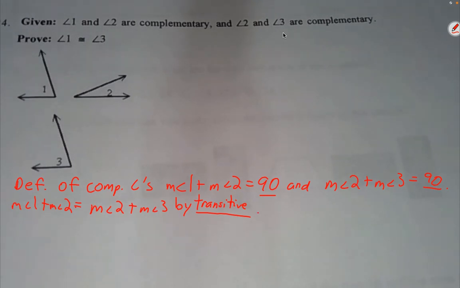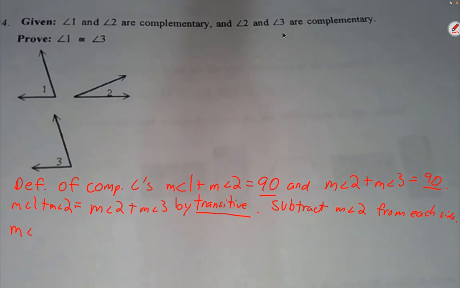We're done? No. So then what did they do with these angle 2's from each side? They took them out, they subtracted. So I think they put something like this: subtract measure of angle 2 from each side. So what do we get?